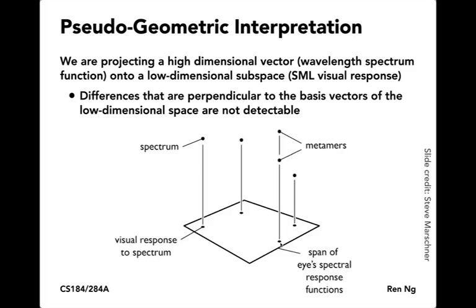Differences that are perpendicular to the basis vectors of the low dimensional space are not detectable. We project from the high dimensional space, at least in this picture, vertically down onto the subspace. So where are metamers? These two points here are metamers. In fact, any point along this projection line that gets down to the same point on the low dimensional subspace is a metamer. They all look exactly the same to the person, even though they're different in the high dimensional space.